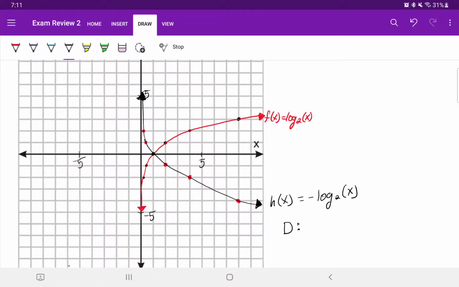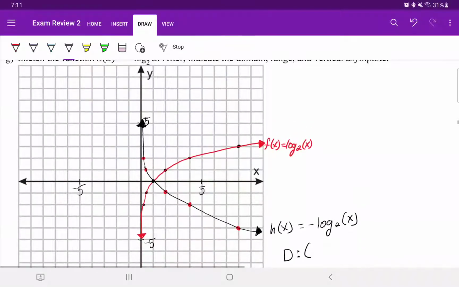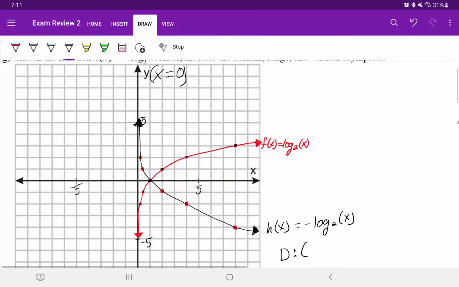Domain for this function. On the left side of the function that's sketched in black, it is approaching the y-axis. Once again, remember, the y-axis has an x value of 0. So the function is approaching the x value of 0, but it's not touching. That's going to be the lowest value of x.